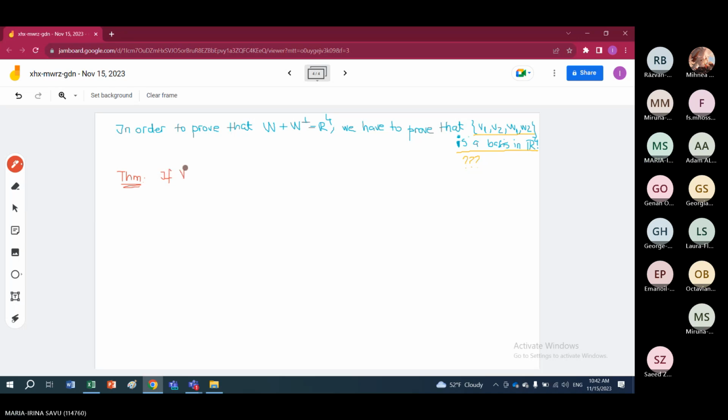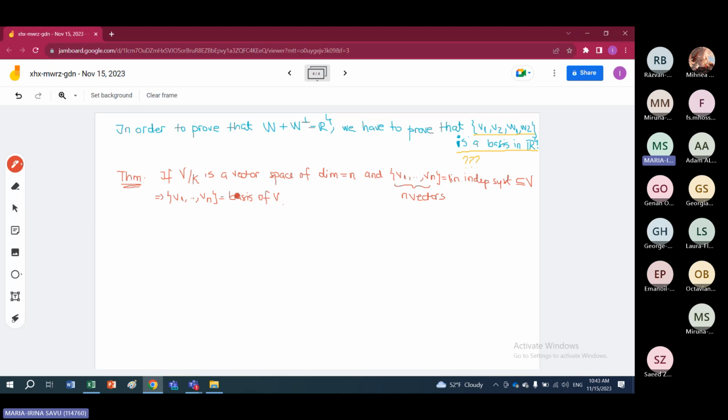If V is a vector space of dimension n, and V1, ..., Vn is a linearly independent system in V, then it is a basis of V. So the vector space has dimension n, and you have a set with n vectors which are linearly independent in this space.